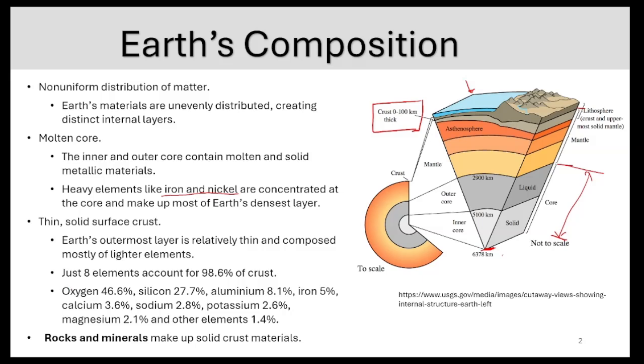In fact, there are around 8 elements that make up about 98.6% of all the matter on the crust, and among them we have around 46.6% oxygen, 27.7% silicon, followed by aluminum, iron, calcium, sodium, potassium, magnesium, and some other elements around 1.4%.